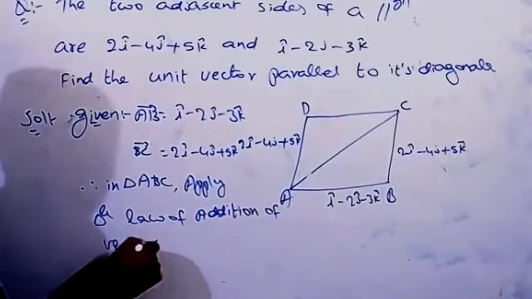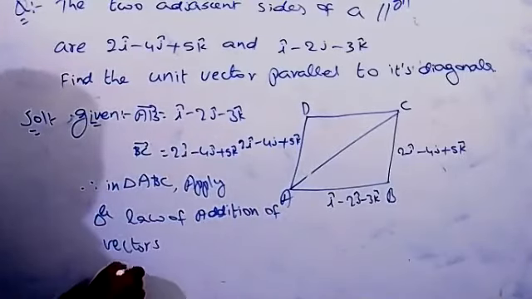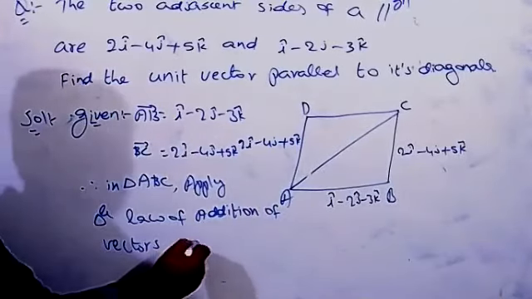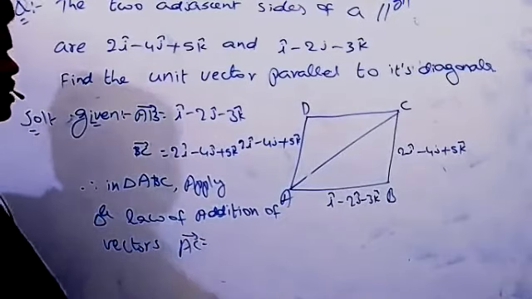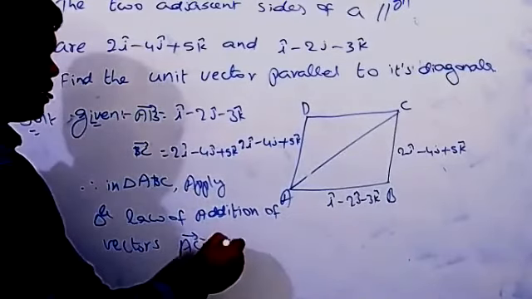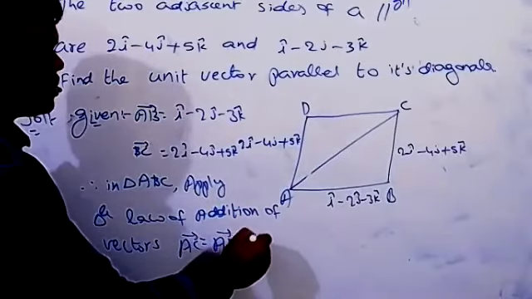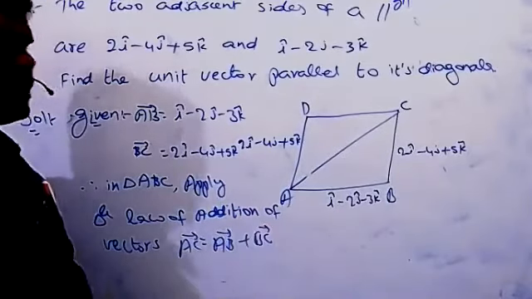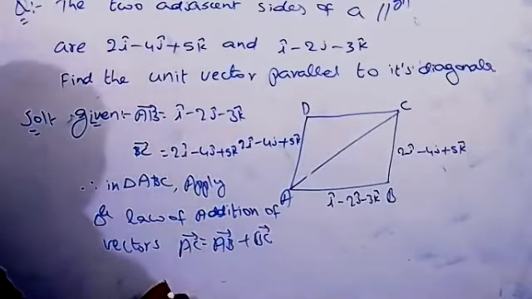You can write clearly that AC direction is equal to AB plus BC. Then find AC here now.